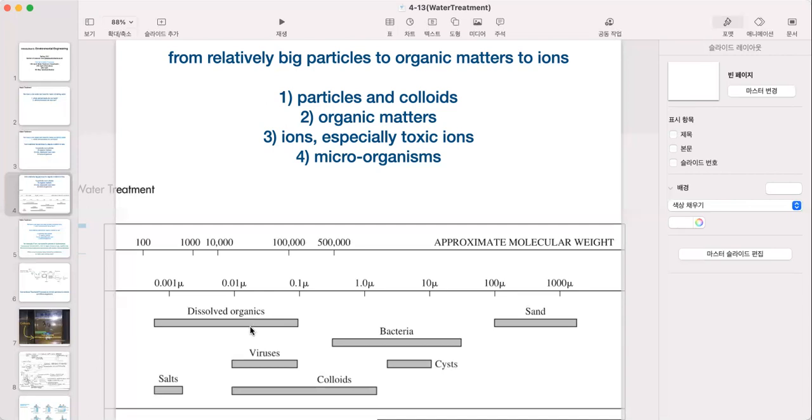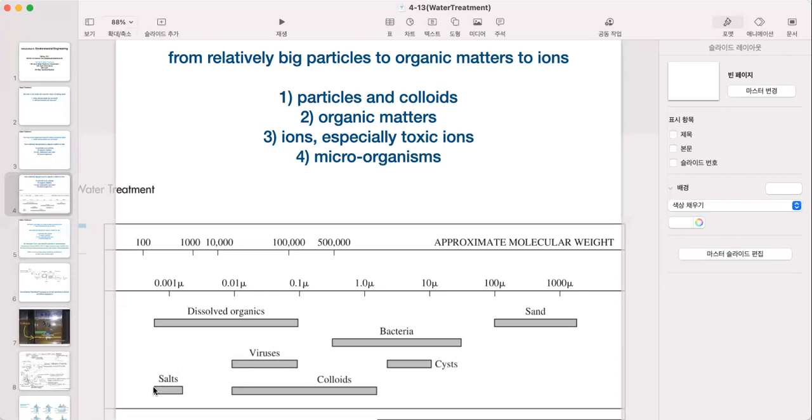With chlorine and ozone, we would like to discuss today, and then we can drink it. And then we have ions: sulfate, phosphate, ammonia, nitrate, and many others. Some ions are toxic and others are not. We would like to remove them, but it is not easy at all to remove these ions.